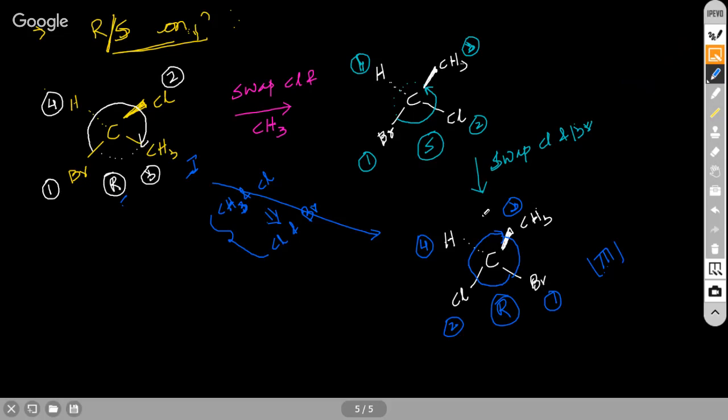It won't change. Is it clear? Even number of exchanges, no change in configuration. Odd number of exchanges, the configuration changes from R to S or S to R. Is it clear, all of you? Tell me fast. Correct?